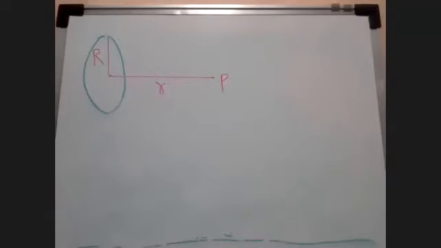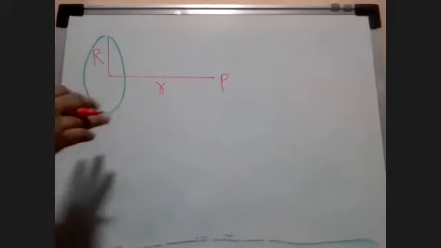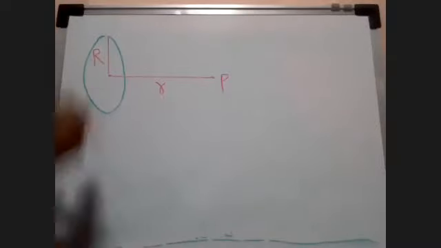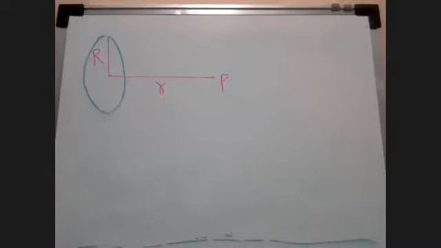So, I want to tell you a small trick. When you are doing a sum where you are finding the electric field intensity due to a ring, it is always good to take a small element. And why, I will tell you. Why can't we do it without derivation and integration?